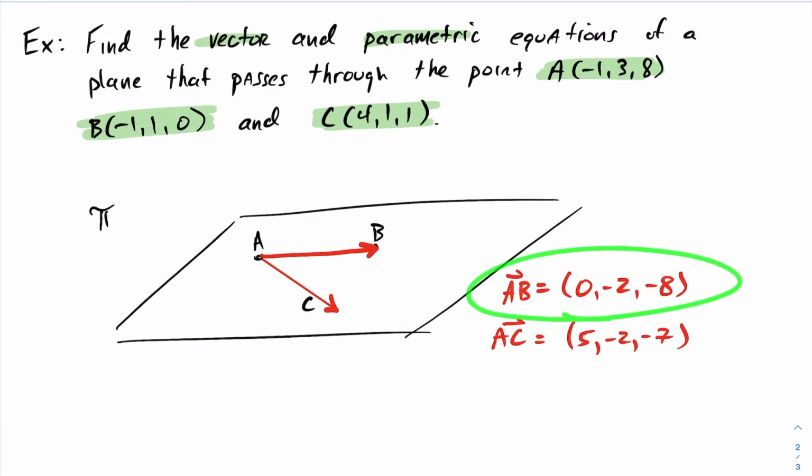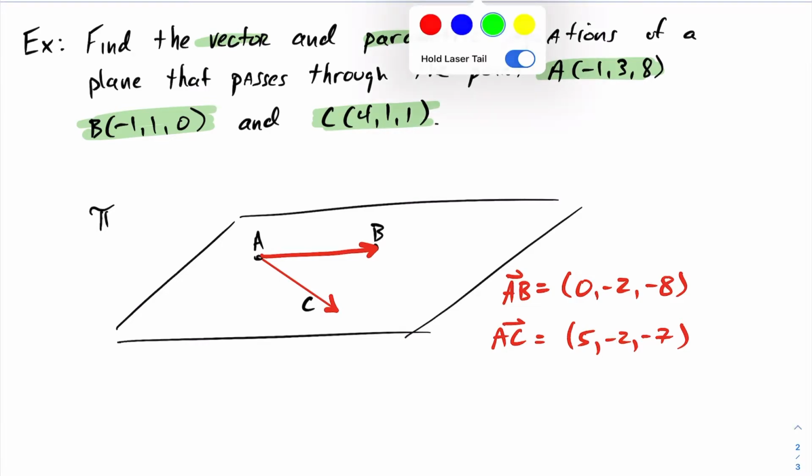AB will be our direction vector 0, -2, -8. AC will be our second direction vector, 5, -2, -7. So now that we have two direction vectors, we just need a point. We can pick any one of these points here. I'll pick point A. So let's create our vector equation of our plane.